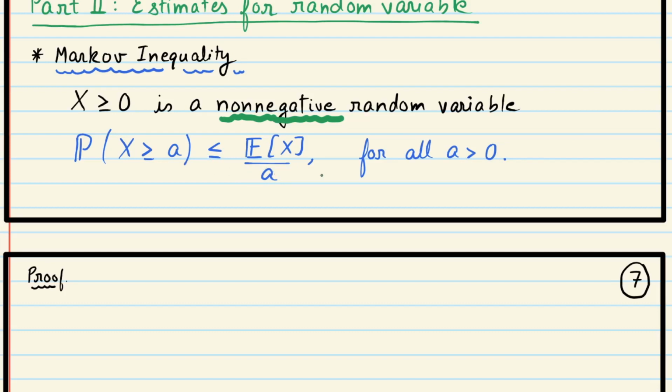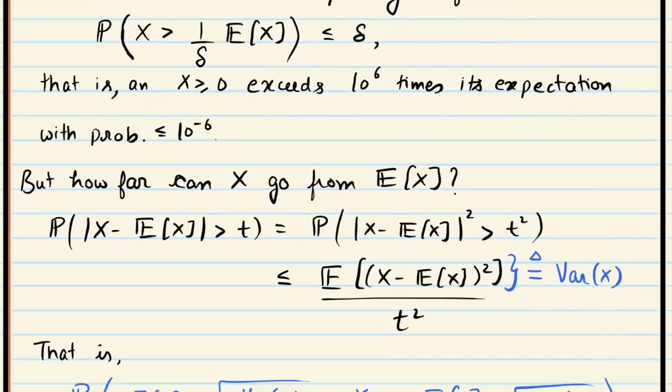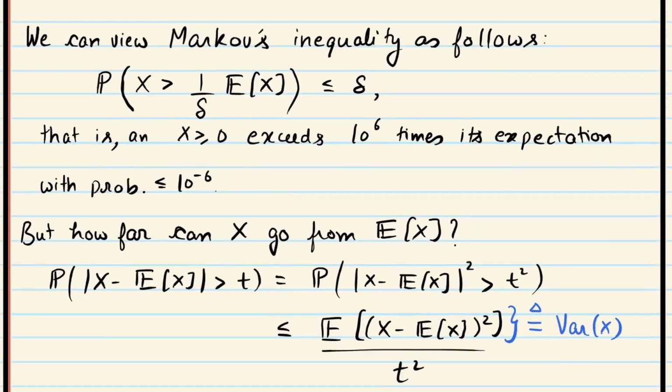Before we prove it, let's see what the statement means. We can recast the statement by choosing a equal to the expected value of x divided by delta, so we substitute this as a value for a. What that statement says is that the probability that a random variable is more than, let's say, 10 times its expected value is at most 1 by 10.